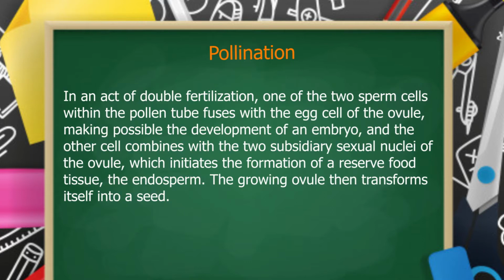In the act of double fertilization, one of the two sperm cells within the pollen tube fuses with the egg cell of the ovule, making possible the development of an embryo, and the other cell combines with the two subsidiary sexual nuclei of the ovule, which initiates formation of a reserve food tissue.